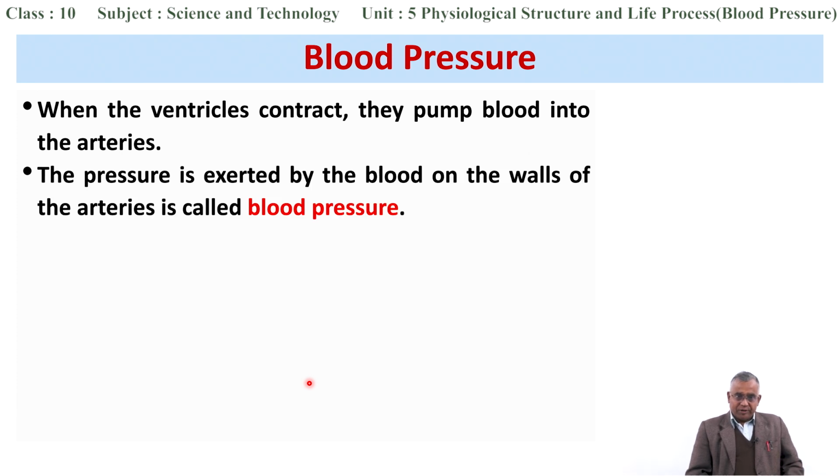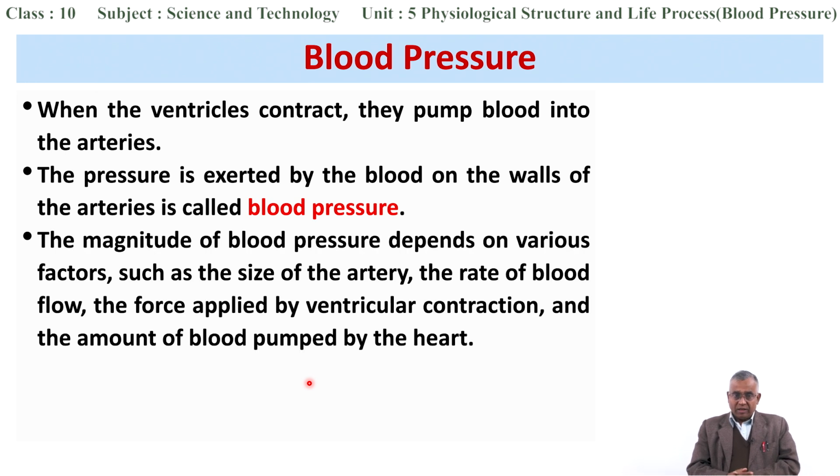So the pressure exerted by the blood, already you have finished. I am not going to read again. The magnitude of blood pressure depends on various factors. Not only what I discussed, but also the size of the artery. About it you have done in heart attack. If the lumen of the artery is narrow, then blood pressure increases because there is restriction in the flow of blood.